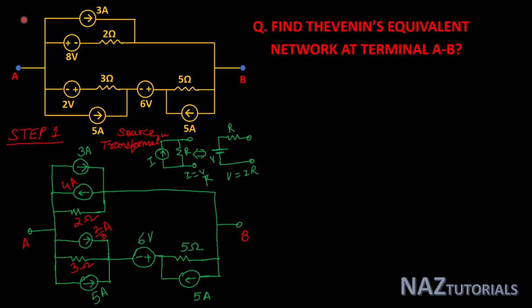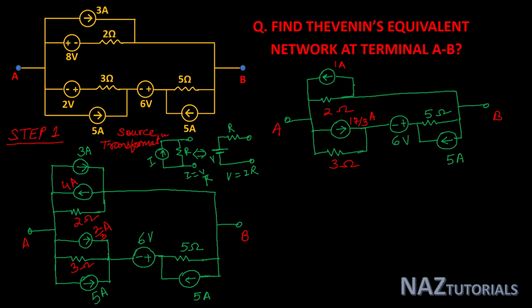Let's see the equivalent. This is the equivalent. This 4 minus 3, 1 ampere in the direction of 4 ampere in parallel with 2 ohm, and this 2 by 3 plus 5, that is 17 by 3 ampere in parallel with 3 ohm, and this is our remaining network.